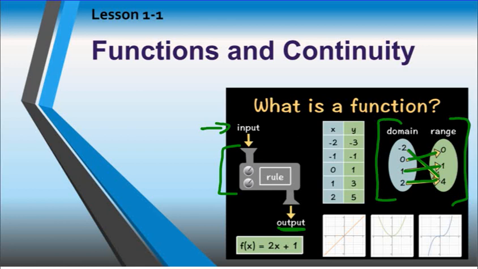But if I go the opposite direction, 0 is one-to-one, 1 is only matching up with one number, but 4 you can see is matched up with two different numbers. So this is not one-to-one. So for one-to-one, it has to be exactly one domain with one range and one range with one domain.